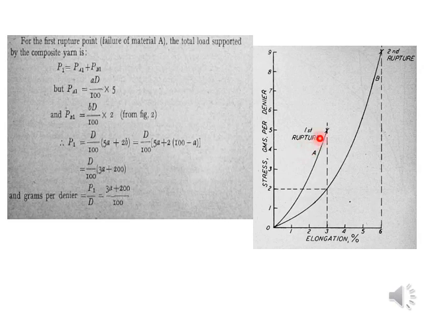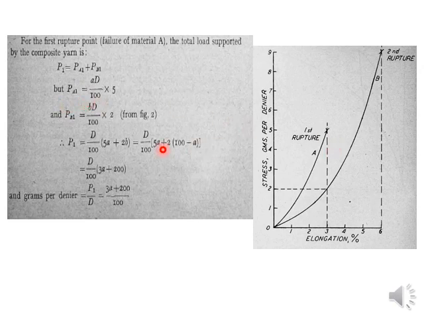In every blend the stresses will be 5 and 2, but the stress supported by the composite yarn will depend on the percentage of fiber A and B. That's why we first converted the stress into load.